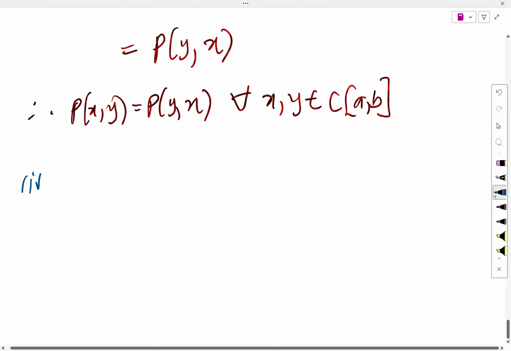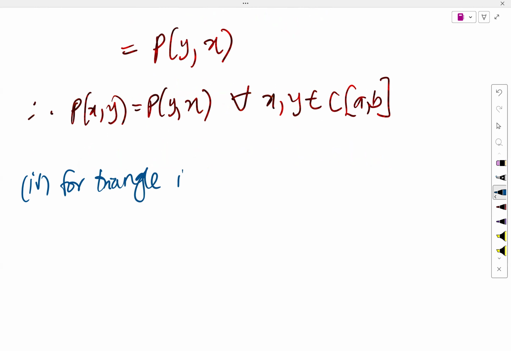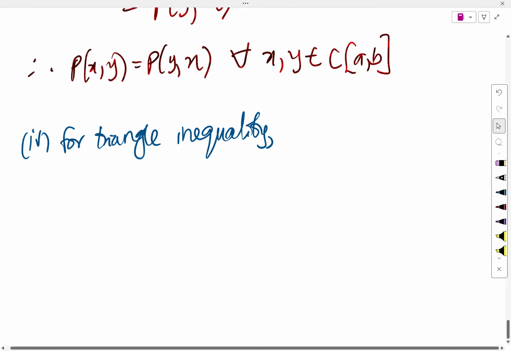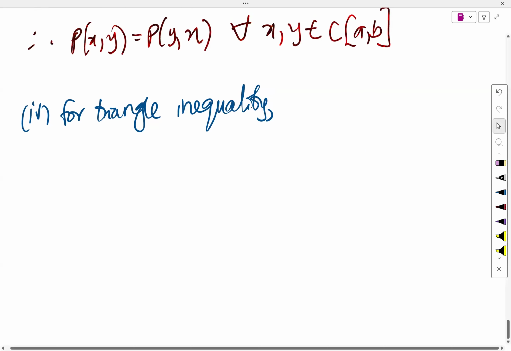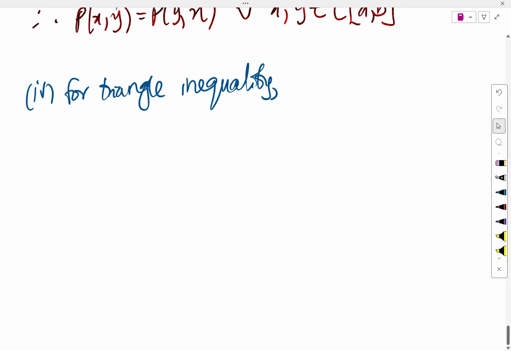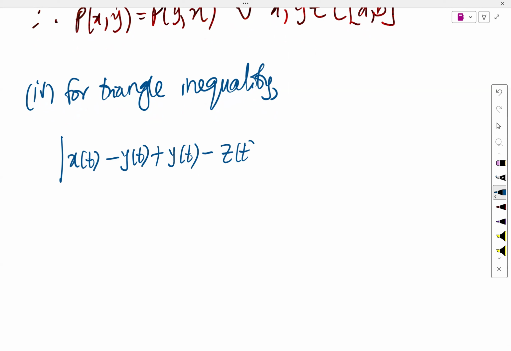So for 4, for the triangle inequality, let's start with the absolute value of x of t minus y of t plus y of t minus z of t.